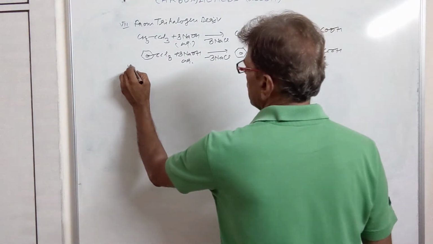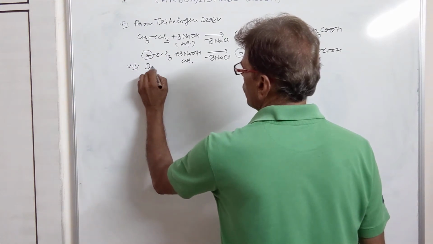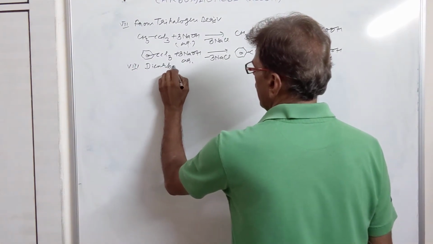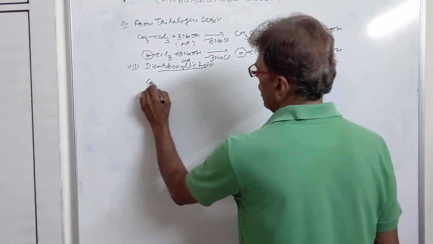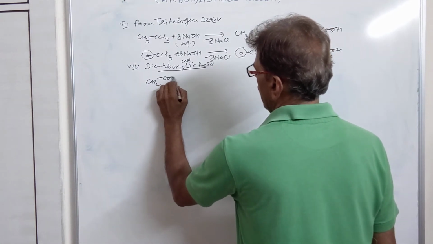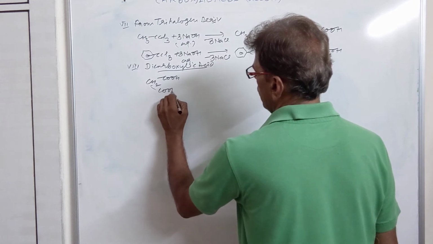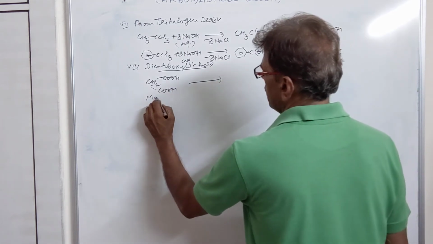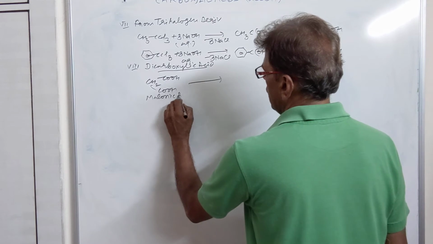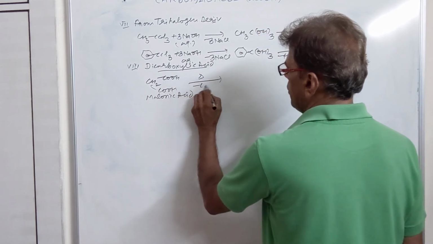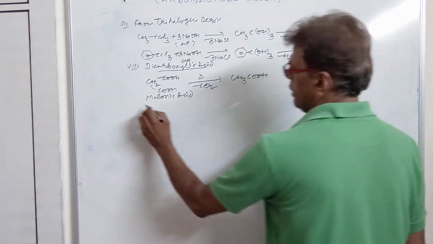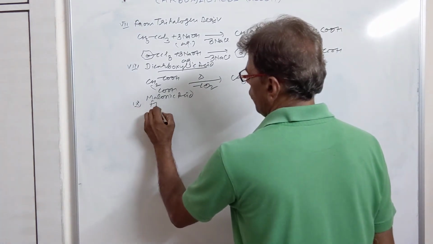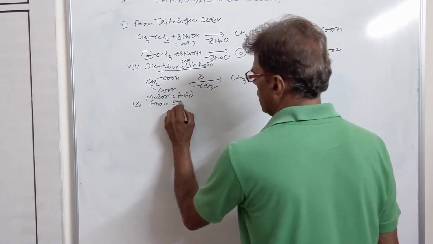Then we have the next method, that is from dicarboxylic acids. If aliphatic dicarboxylic acids are heated, they are likely to eliminate a molecule of carbon dioxide. This is our malonic acid. When heated, it eliminates carbon dioxide and gives us acetic acid. Then we have the method of hydrolysis of esters.